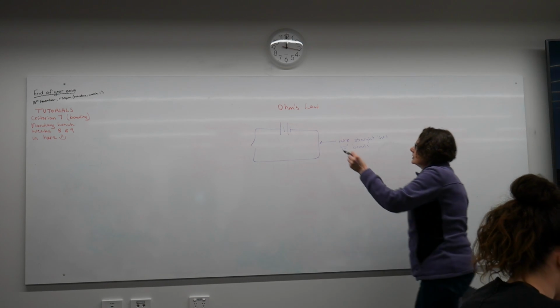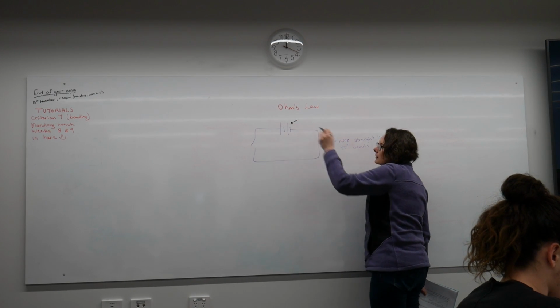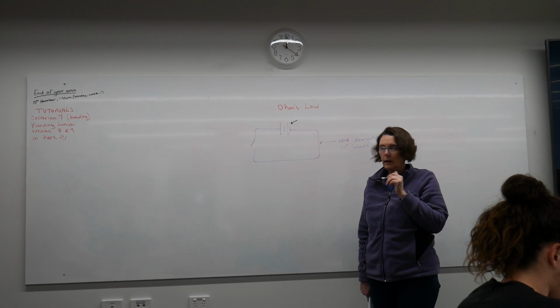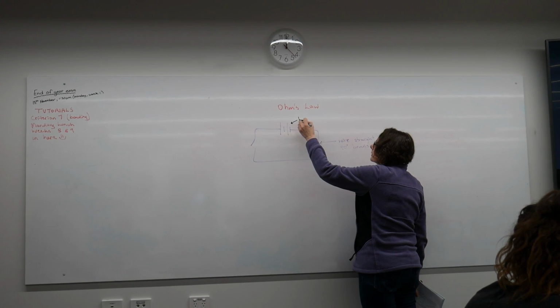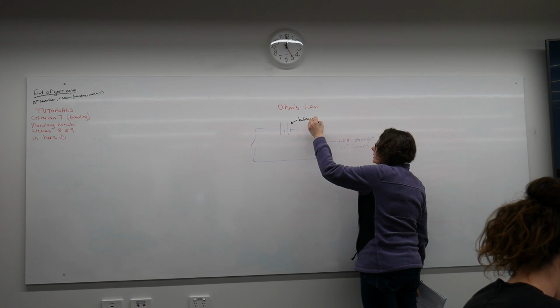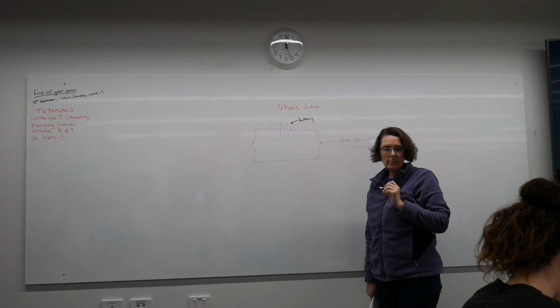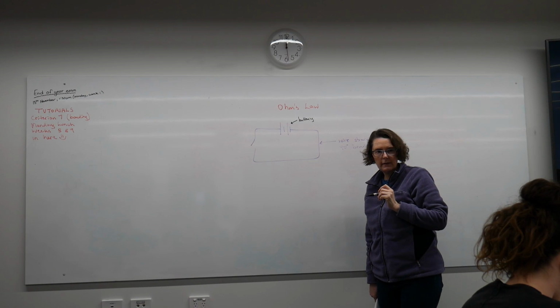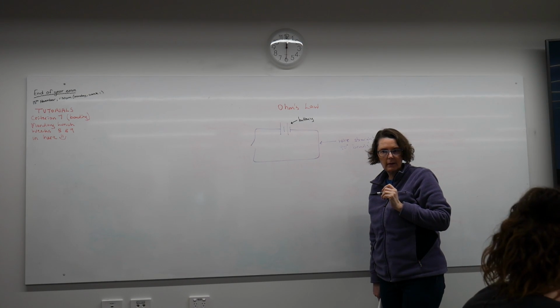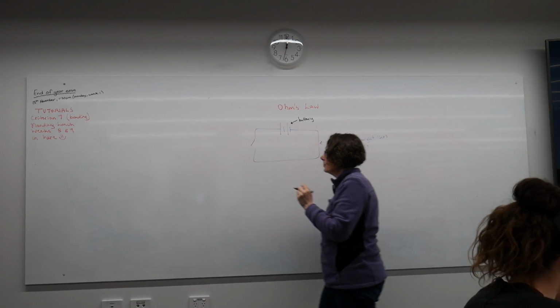Okay, so what is this? Battery? Is it a cell or a battery? It's like a battery cell. Why is it a battery and not a cell? A battery is made up of multiple cells. Yeah, a battery is made up of multiple cells.